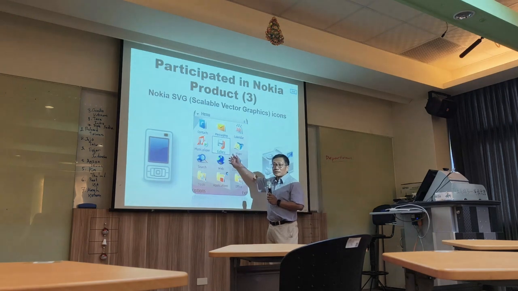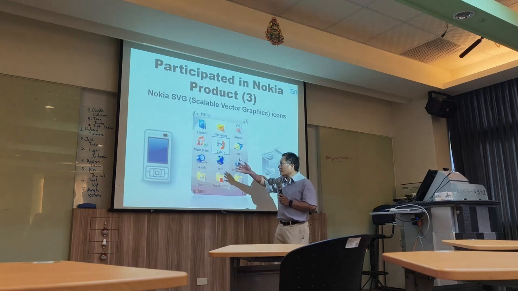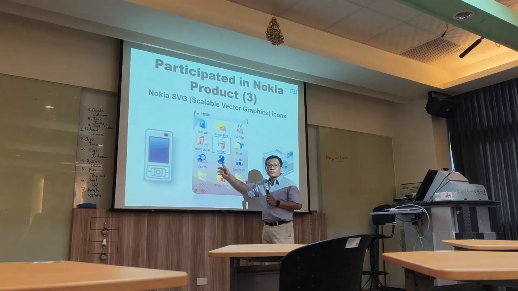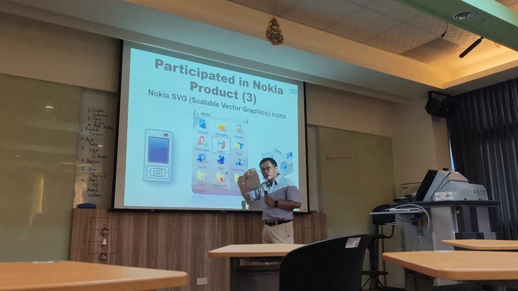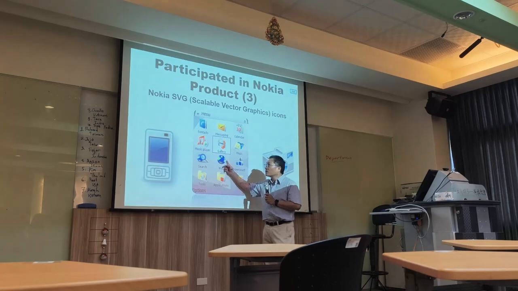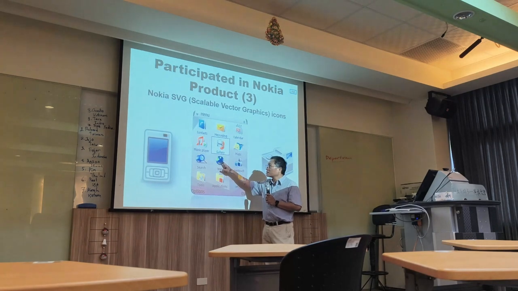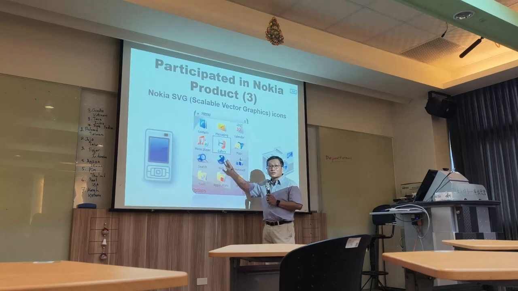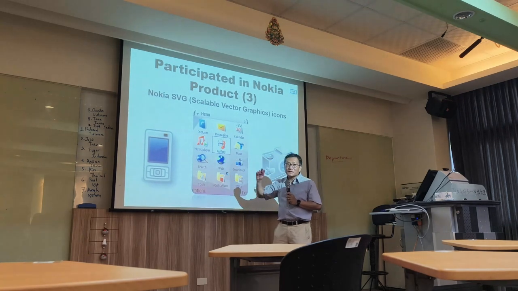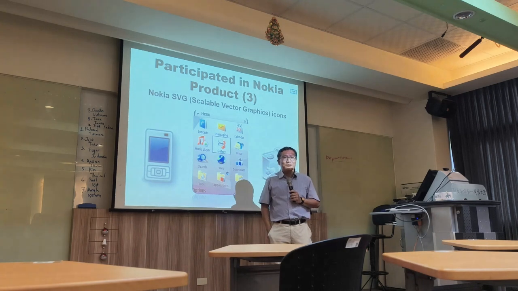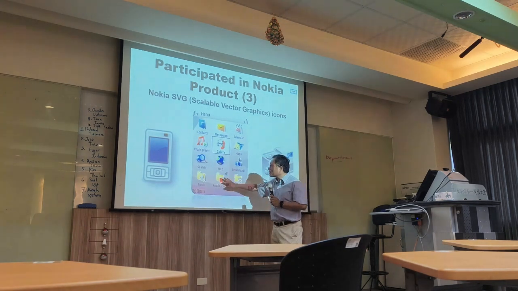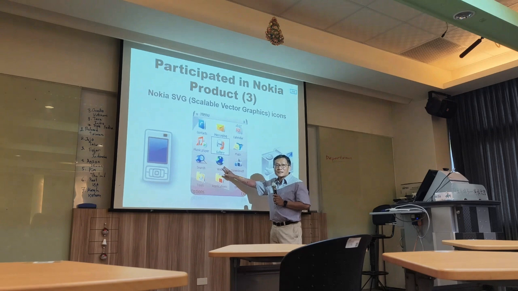So if you think back around that time, when you used the Nokia traditional phones, do you notice those icons? Those icons are different from what we have today in our phones. One particular difference is that those icons can move.